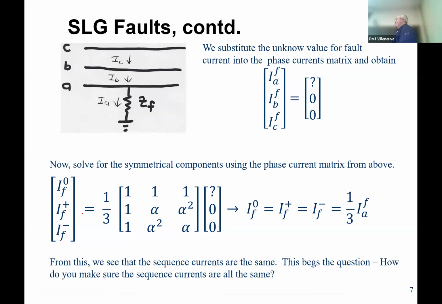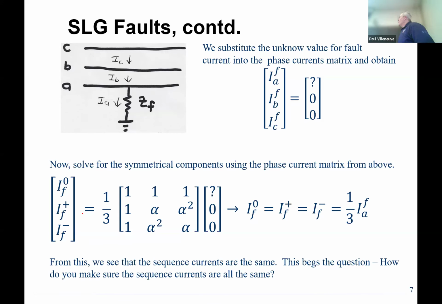Here's a diagram representation of a single line to ground fault on phase A somewhere out on the system. You can see that I have a fault impedance ZF there with a fault current from phase A going through there to ground. So the current feeding the fault for phase A, B, and C, I can set up as a matrix.